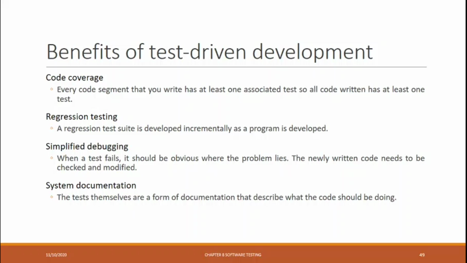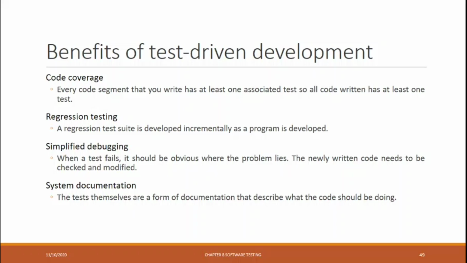Simplified debugging. When a test fails, it should be obvious where the problem lies. The newly written code needs to be checked and modified. So debugging is simplified, because whenever you write a program, you do the testing again, and you find bugs or defects in the program.